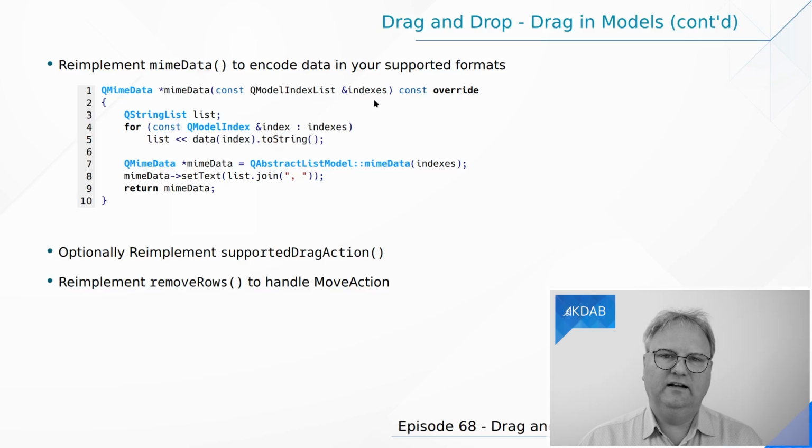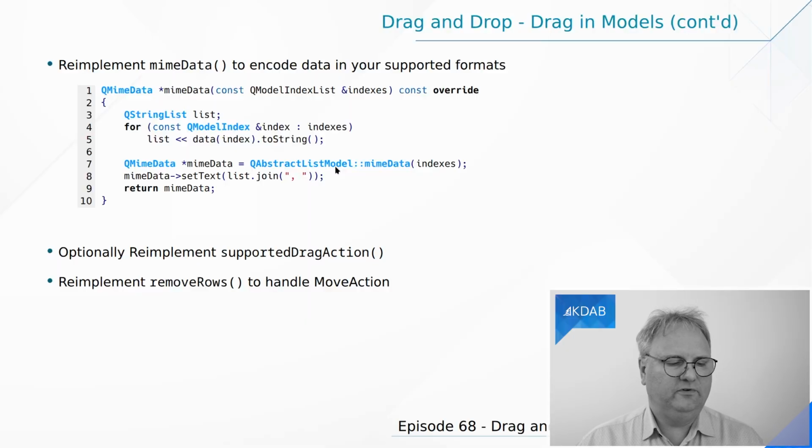It takes a bunch of indexes, those that are being dragged out, and returns a MIME data for that. And it might very well look something like this. I simply run through my list of indexes, and I get a string list out of these. And then I take my superclass. It should have been superclass, whatever that is here.